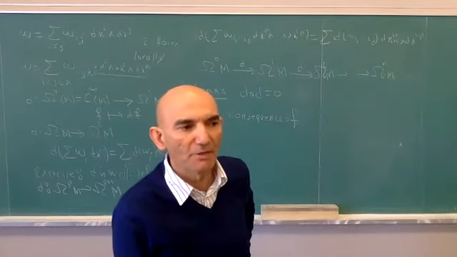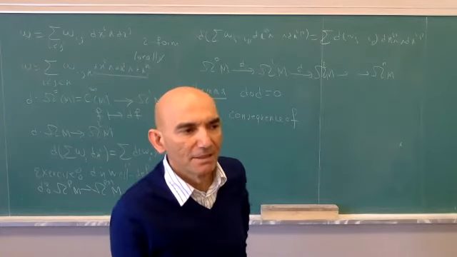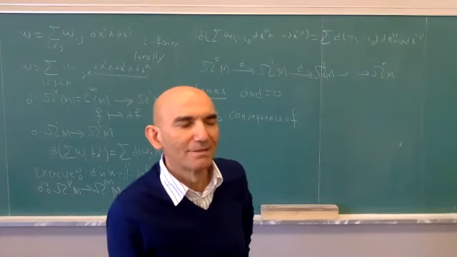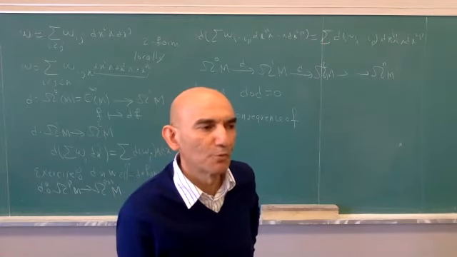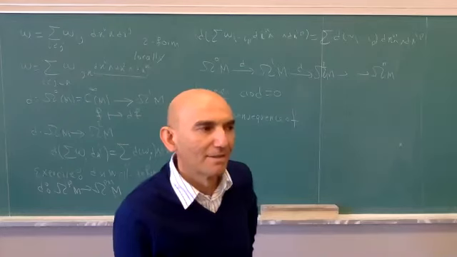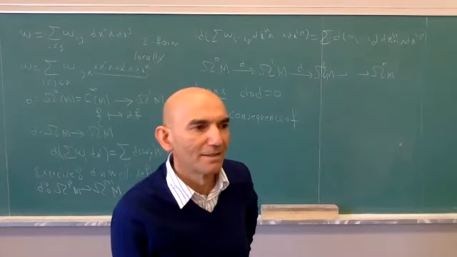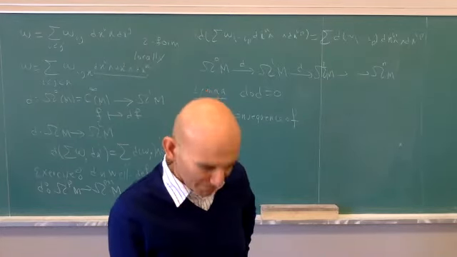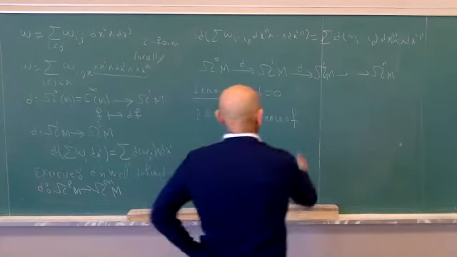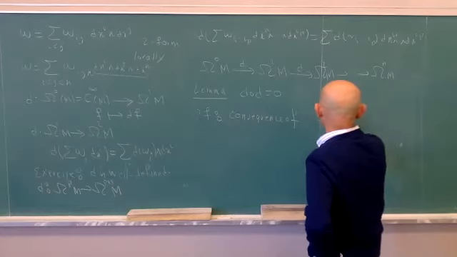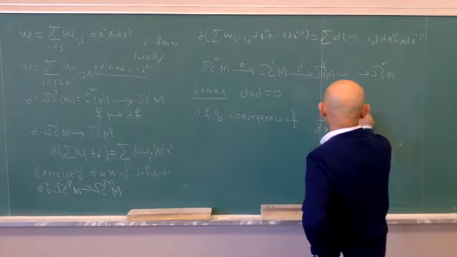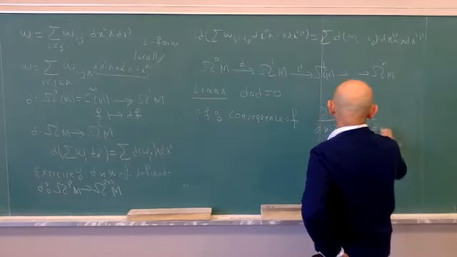What fact of calculus is involved here in the proof? The partial differentials commute. That's right. It's a consequence of the fact that d2f over dxi dxj is equal to d2f over dxj dxi.